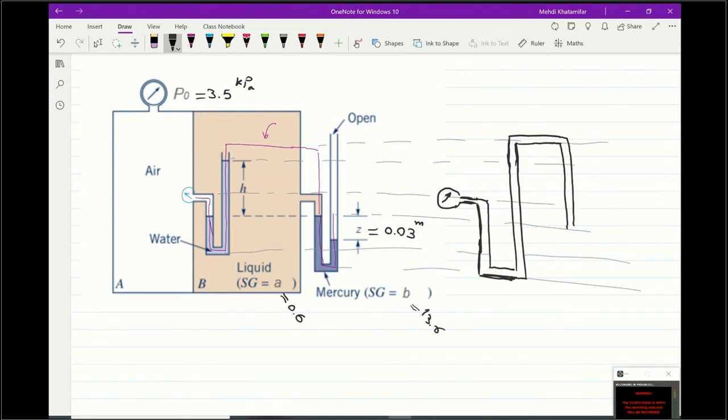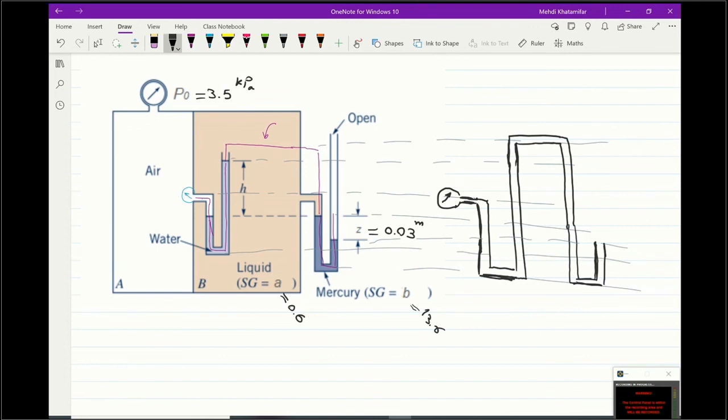And from here again I can go down to this level, which is here. This Z level, and after that it's 0, so I don't care.